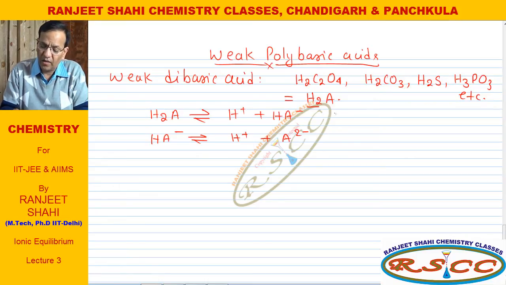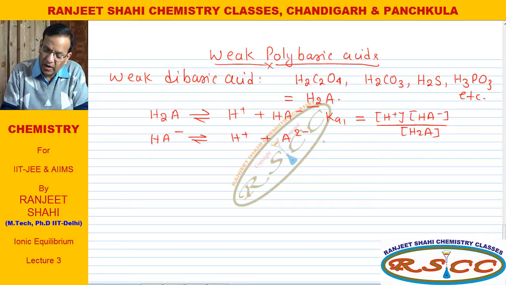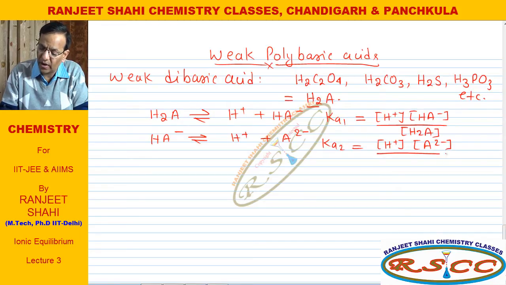For first step of ionization, we define K1, which is equal to concentration of hydrogen ion into concentration of HA- divided by concentration of H2A. Similarly, K2 can be defined as concentration of hydrogen ion into concentration of A2- divided by concentration of HA-. Let us call them equation 1 and equation 2.